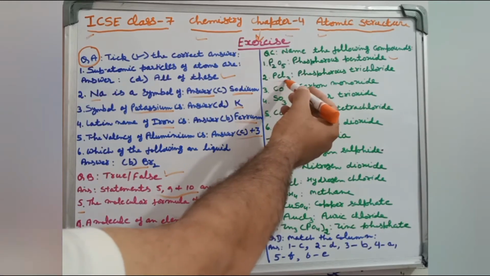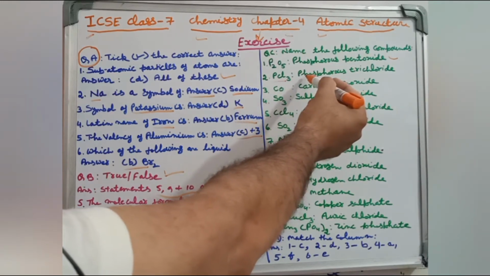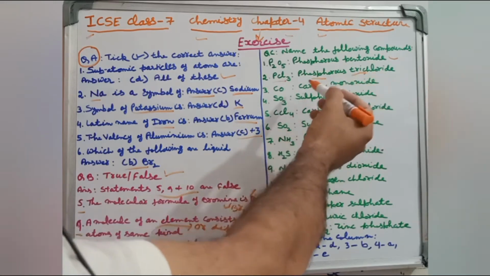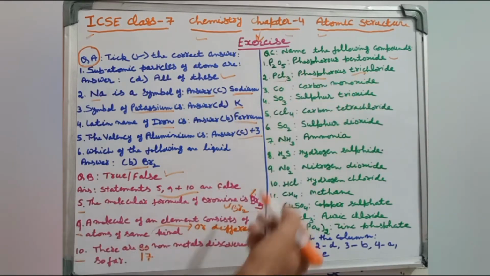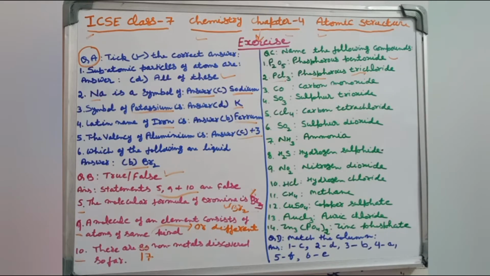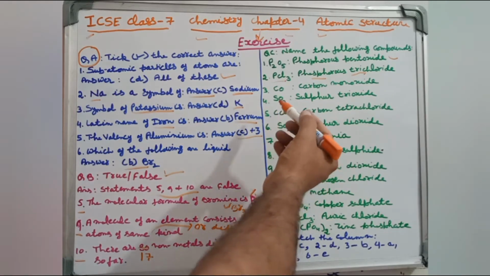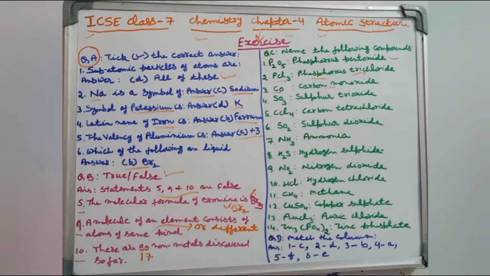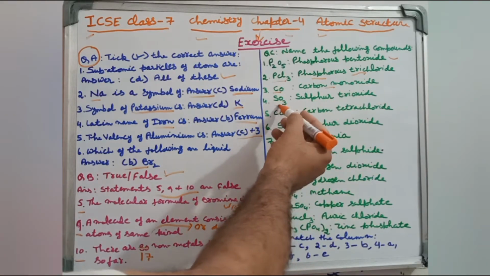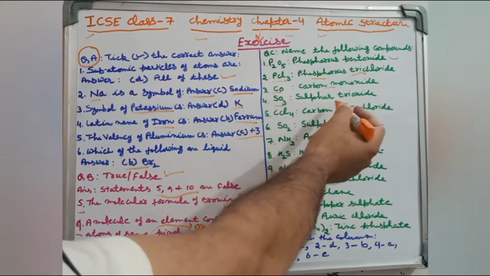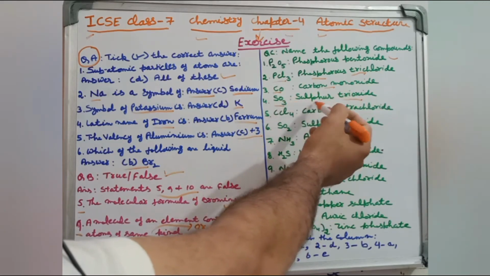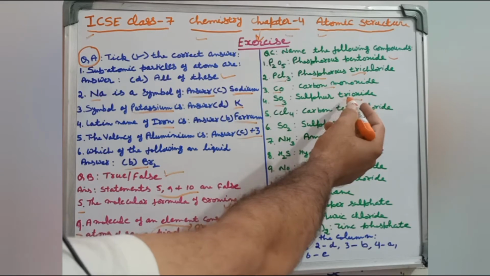Now PCl3 will be phosphorus trichloride. There are 3 chlorine, so it becomes trichloride. CO is simple, 1 carbon, 1 oxygen, carbon monoxide. SO3: 1 sulfur, O3 trioxide. Oxide is O3, there are 3, so trioxide.